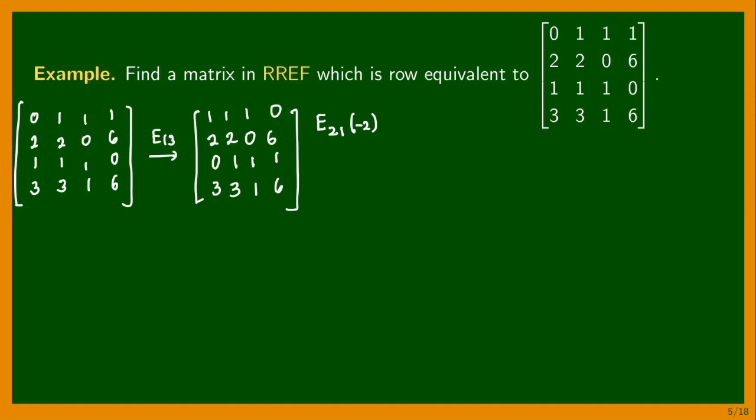At the same time, because there are 2 entries in this column that we wanted to eliminate, we can perform 2 type 3 operations consecutively. So to eliminate the entry here using the pivot 1 on the first row, what we do is we apply the type 3 operation e31(-3) because we're going to zero out the entry on the third row, 1 because the pivot is in the first row.